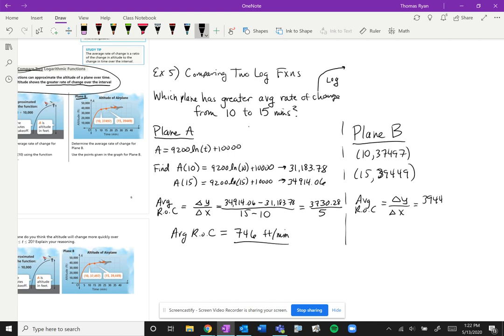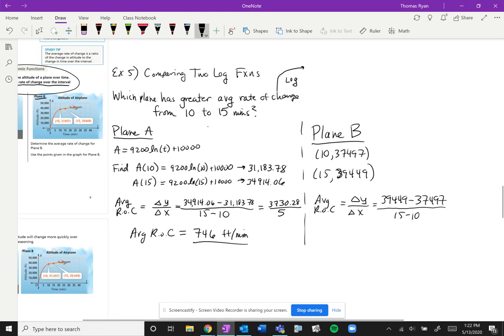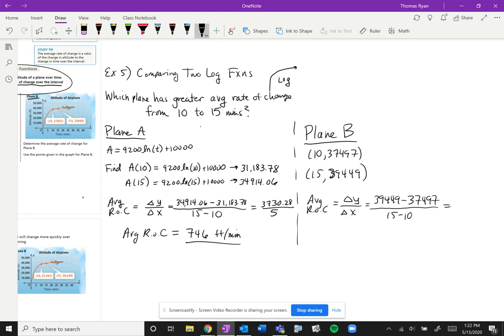So 39,449 minus 37,497 over 15 minus 10. So we get 1952 over 5. So the average rate of change for this plane is about 390 feet per minute.